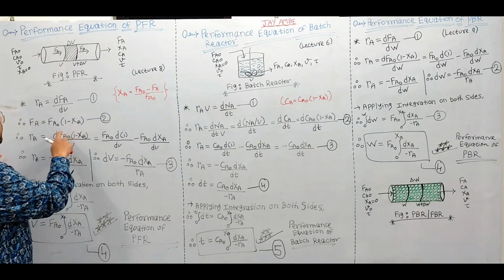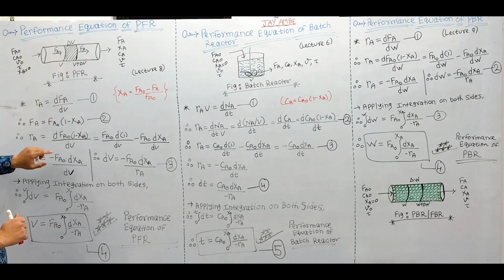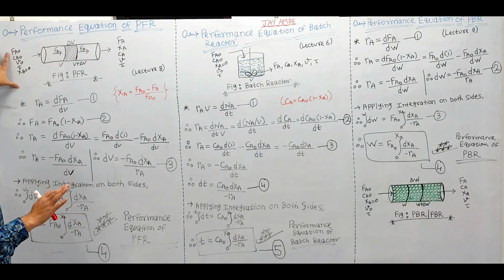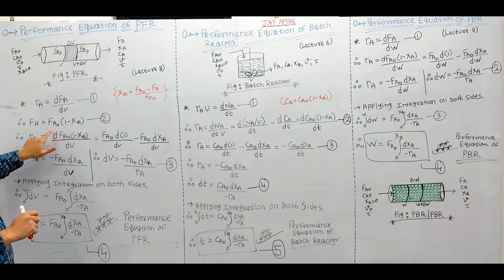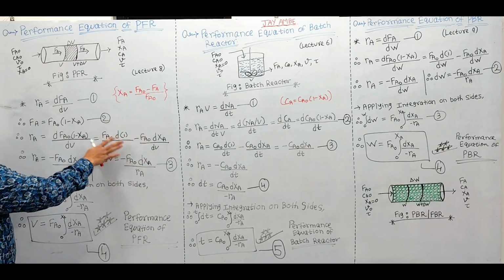FA naught represents the initial molar flow rates of reactants, which are entering into the plug flow reactor via the inlet stream. So let's say FA naught is constant, because initial molar flow rates are constant, right? Due to those reasons, we can take FA naught out of the differentiation, right?